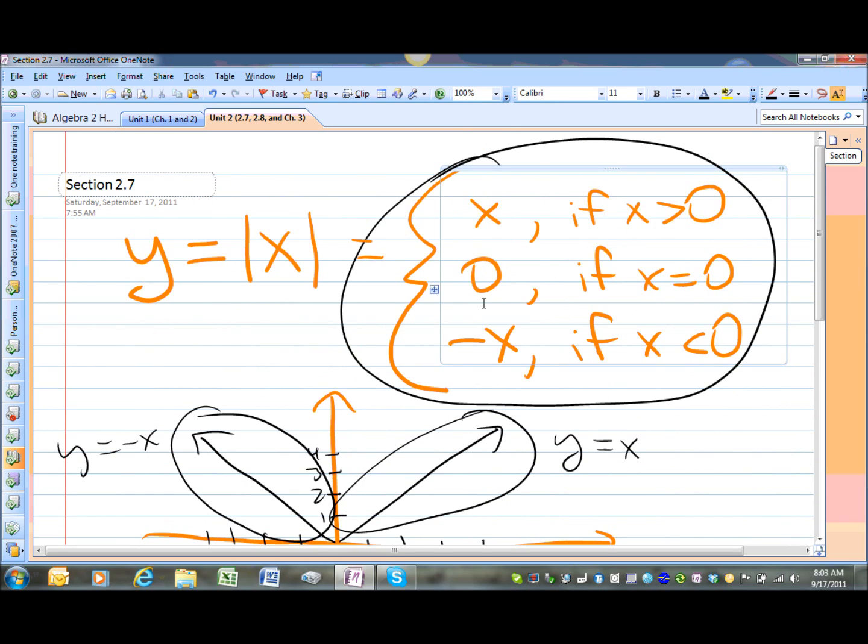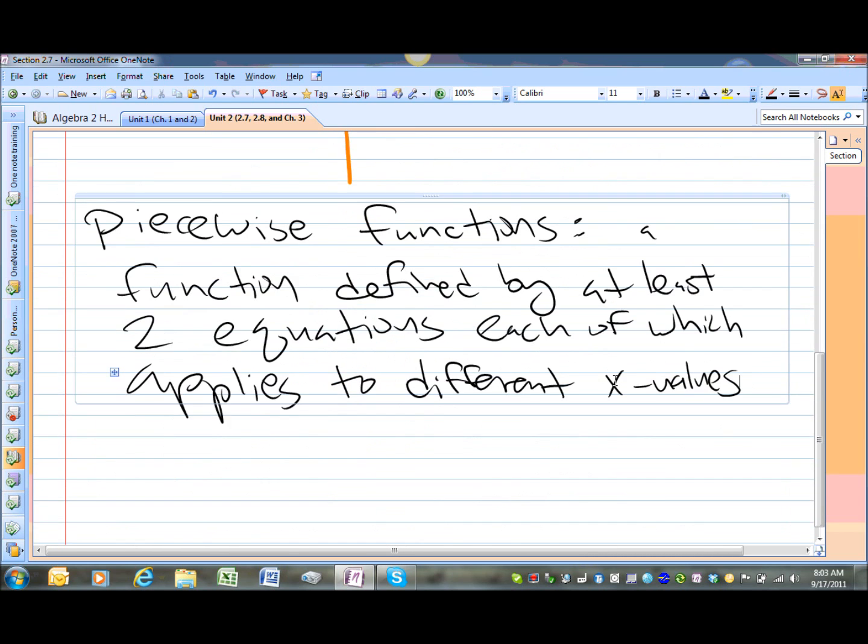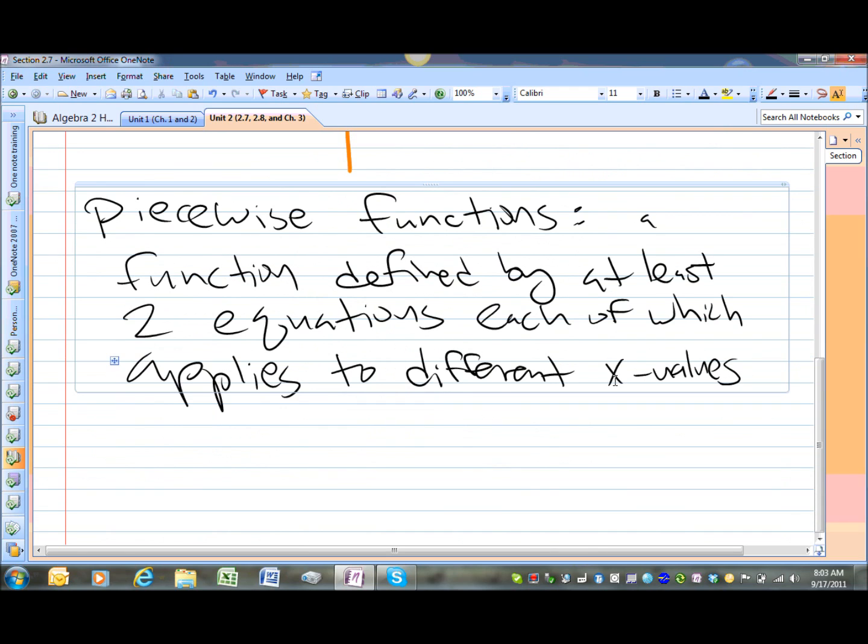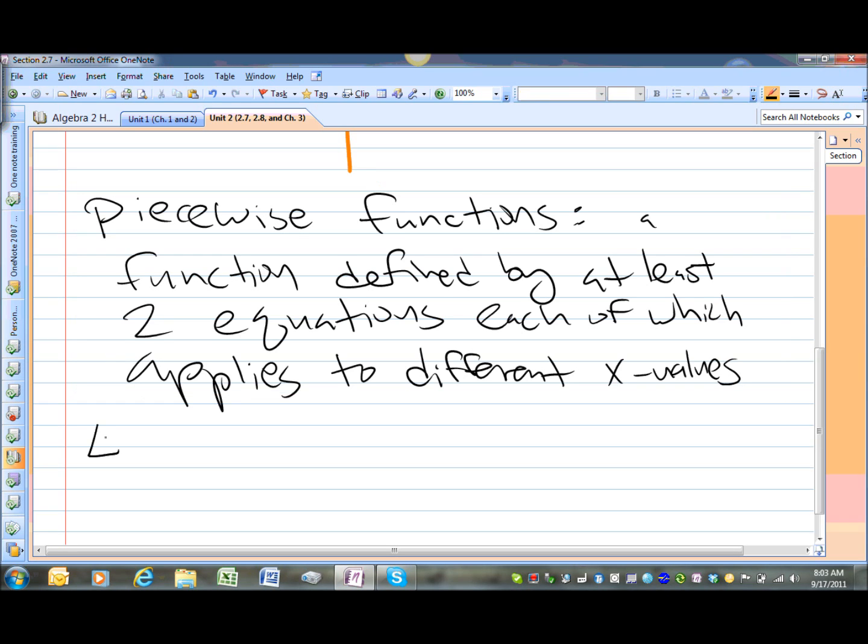We see three different equations. y equals x, y equals 0, y equals negative x, and they all relate to different x values. So let's graph a different piecewise function. So remember, absolute value, now we know how it's like a piecewise function because it's defined by different equations that apply to different values. So let's try something different.